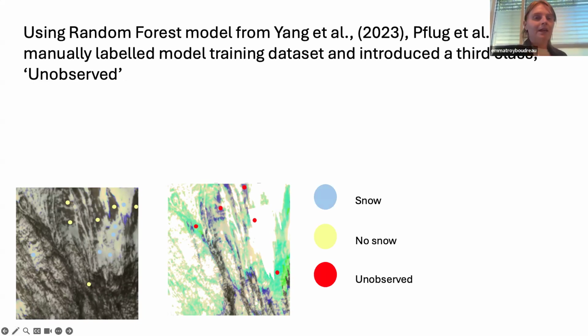And instead of using LiDAR flights to train the model, Flug et al. manually labeled pixels snow, no snow, or unobserved. This introduces a third class where you might have these saturated images, or you could have a cloud interfering, or just part of your basin wasn't in the field of view of the sensor.